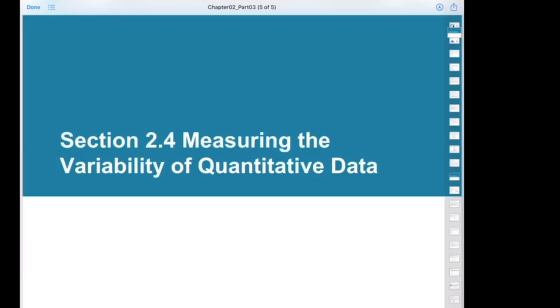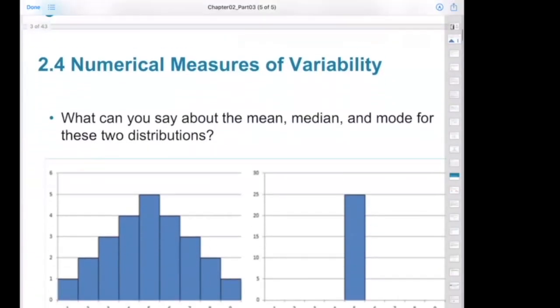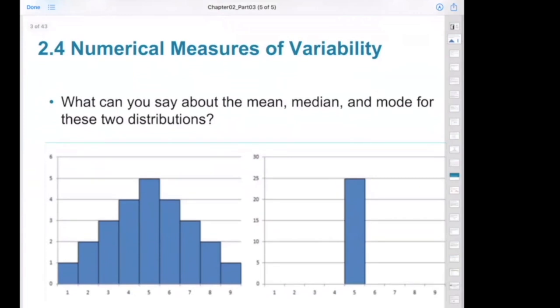Okay, so here we will look at these two distributions before we can talk about the measures. Look at these two distributions. Both have the same center, right? The center, as you can see here, in the first one to the left is 5, and the distribution to the right also is 5.